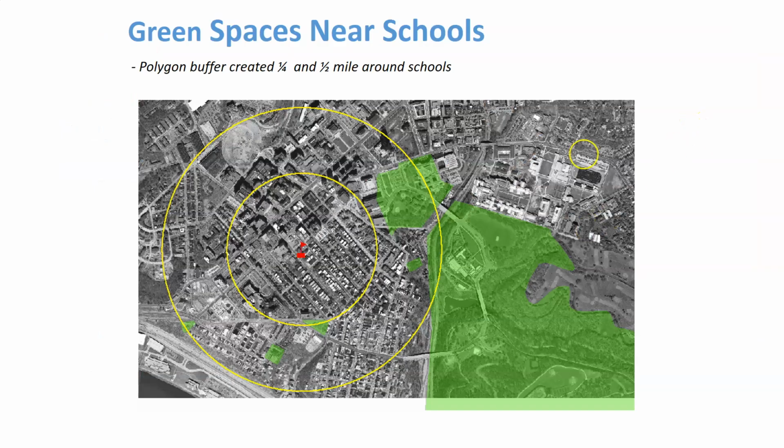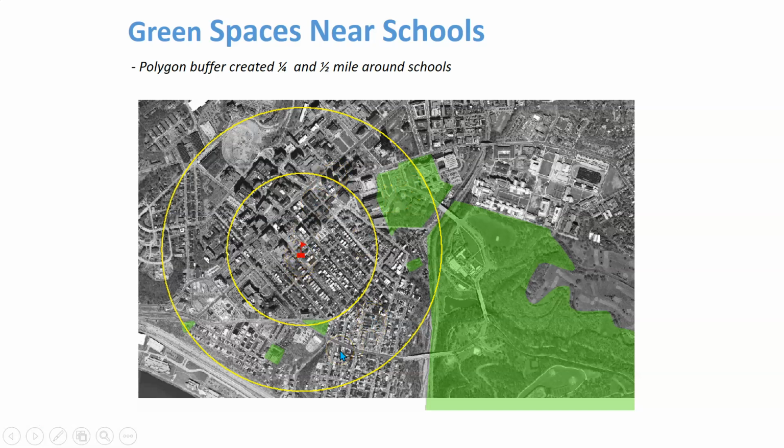Here you have another example of a buffer. The background is a satellite image with a location of a school. And here you have a highlighted area that's park or greenery. And you have two buffers actually created here. One is within a quarter of a mile from school, and then another is within half a mile from school.